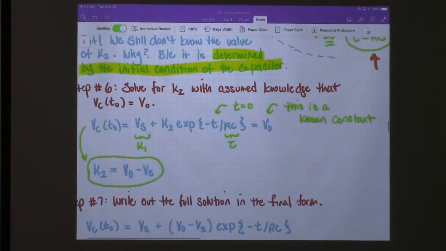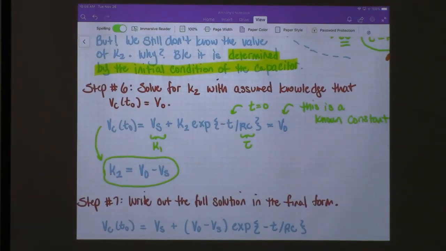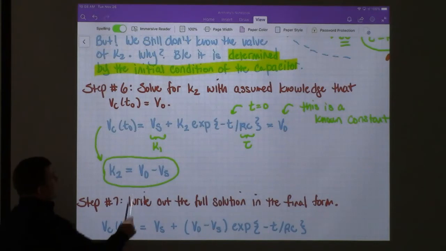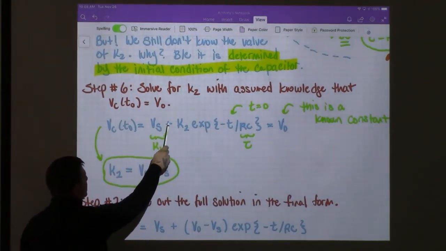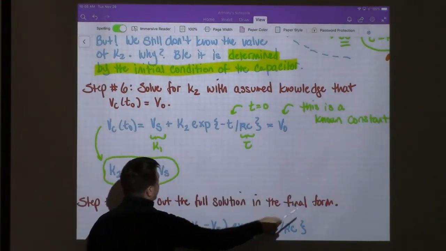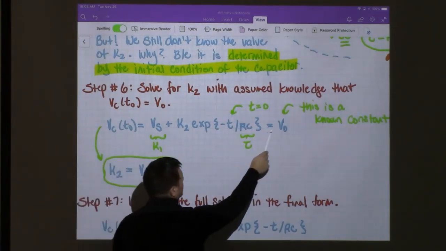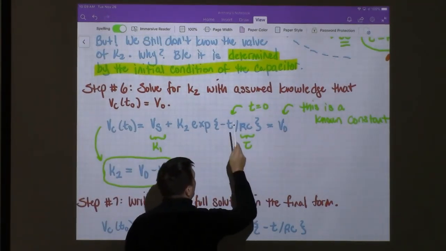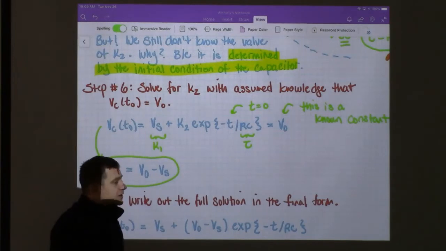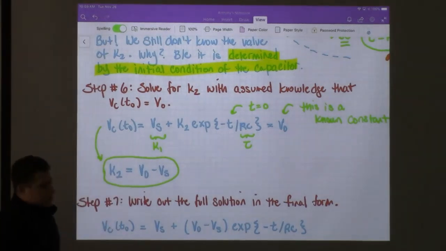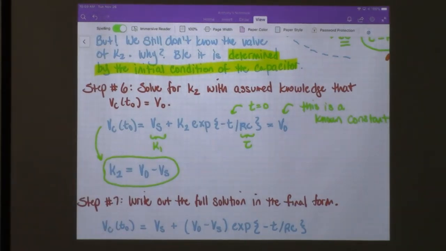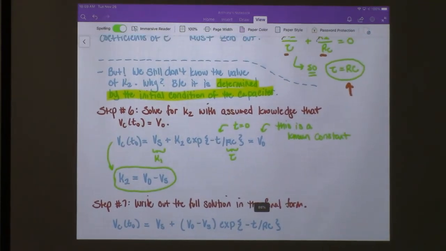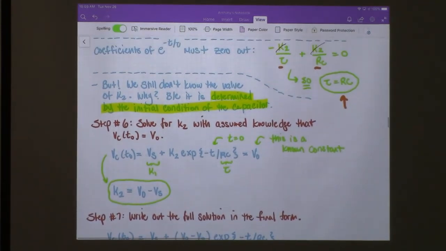So we know that the solution, which is K1 plus K2 e to the negative, etc., should be equal to V0 when this is equal to 0, right? All we're saying is that when you plug in T equals T0, or T equals 0, same thing, it should be equal to the voltage at that time, which we figured out.